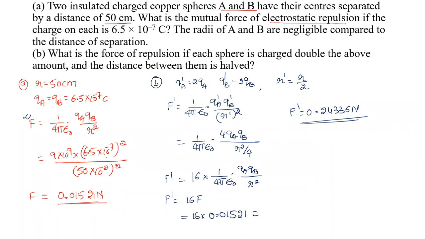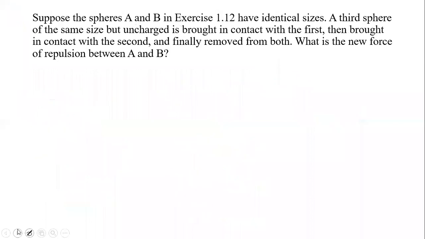Okay, can we move on to the next question then? Yes. Let's go for the next question. The question is asking: suppose the spheres A and B in the previous exercise, which we have just done, have identical size.